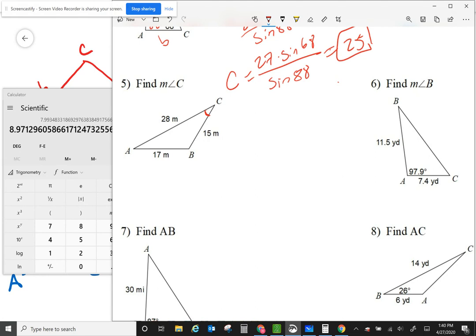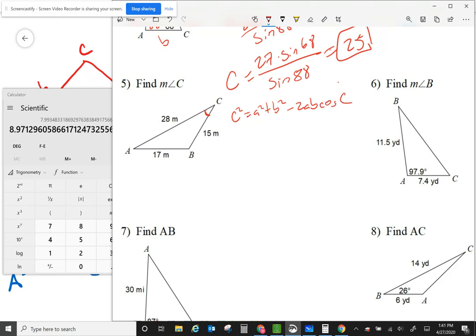Now, remember how with law of cosines, I gave you three formulas, right? One of my formulas was c squared is equal to a squared plus b squared minus 2 times a times b times cosine of c.